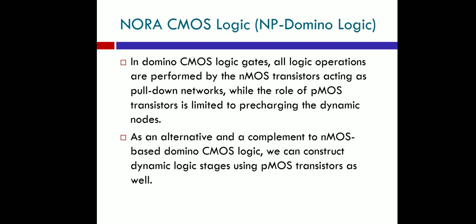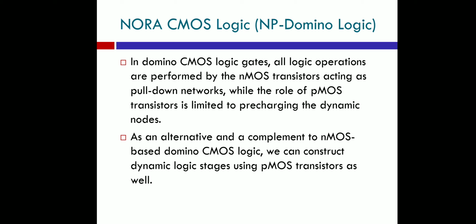Now coming to another kind, that is NORA CMOS logic or NP domino logic. Till this point, in all the domino CMOS logic gates we have seen that we are using an NMOS logic block, whereas a PMOS transistor was only used for the pre-charging purpose. Now we are going to see how we can use a PMOS logic block also for implementing the functions.